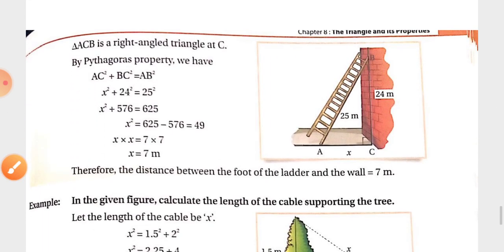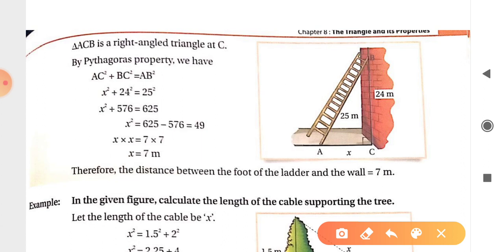Then in the right angle triangle ABC, right angle at C. By Pythagoras property we have AC square plus BC square is equal to AB square. That means hypotenuse square is equal to base square plus perpendicular square. Then put values and find the value of x.